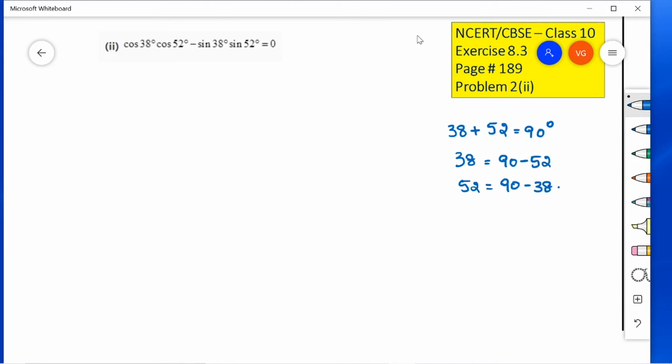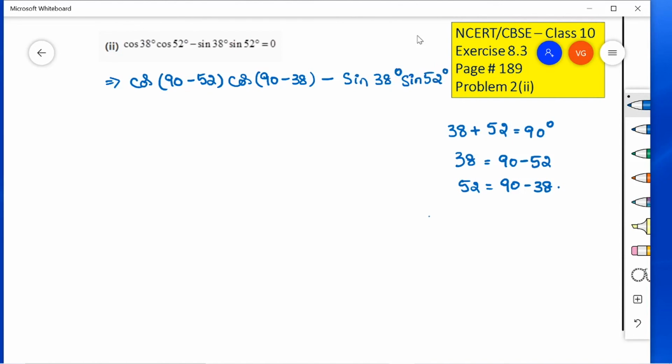So I can replace here cos 38 as cos 90 minus 52 and cos 52 as cos 90 minus 38 minus the second term as usual I am writing sin 38 degree sin 52 degree, right.